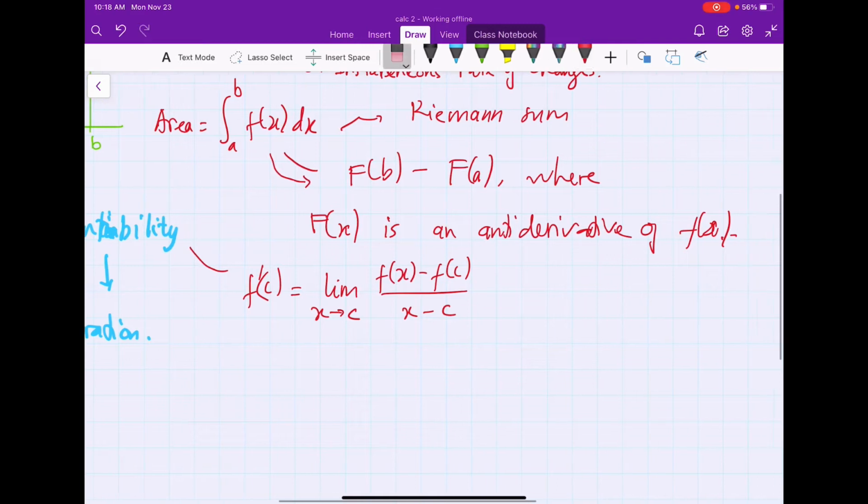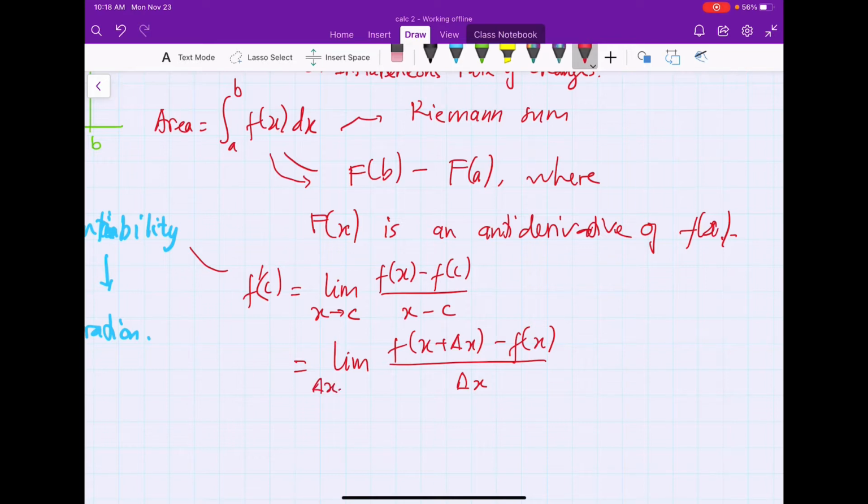Sometimes you may see the following definition: limit of f of x plus delta x minus f of x over delta x, as delta x approaches 0. That is the derivative of the function at some point x. If you replace x with c, you go back to the first definition.